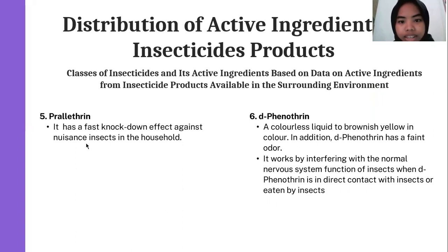The permethrin is a colorless to brownish yellow liquid that has a faint odor. The permethrin is used to control various insects, especially insects that act as vectors of infectious disease such as mosquitoes. The permethrin works by interfering with the normal nervous system function of insects when it is in direct contact with insects or eaten by insects.